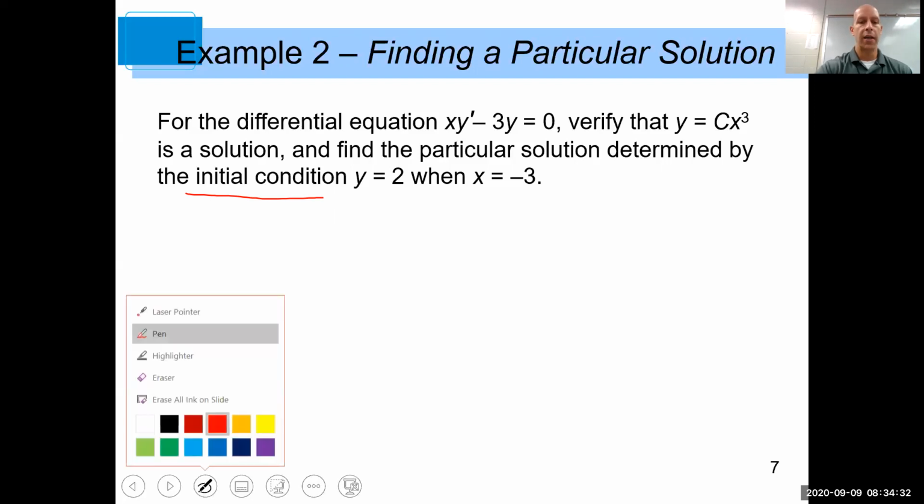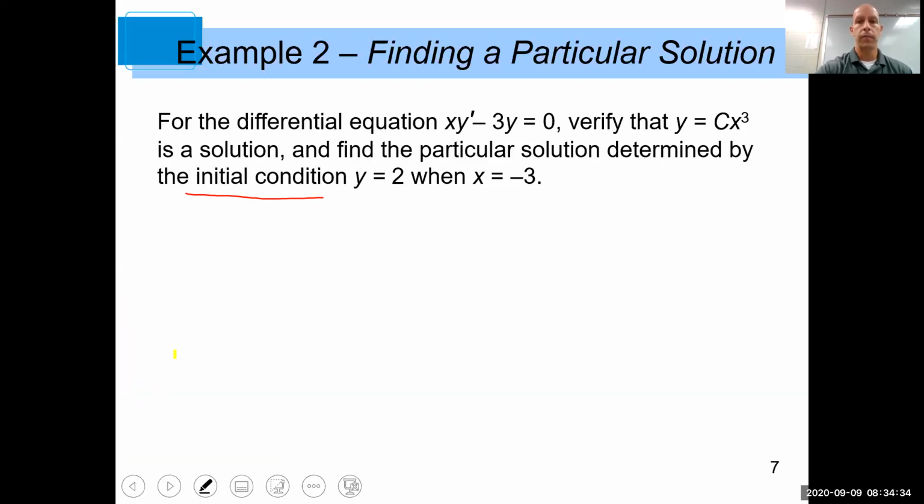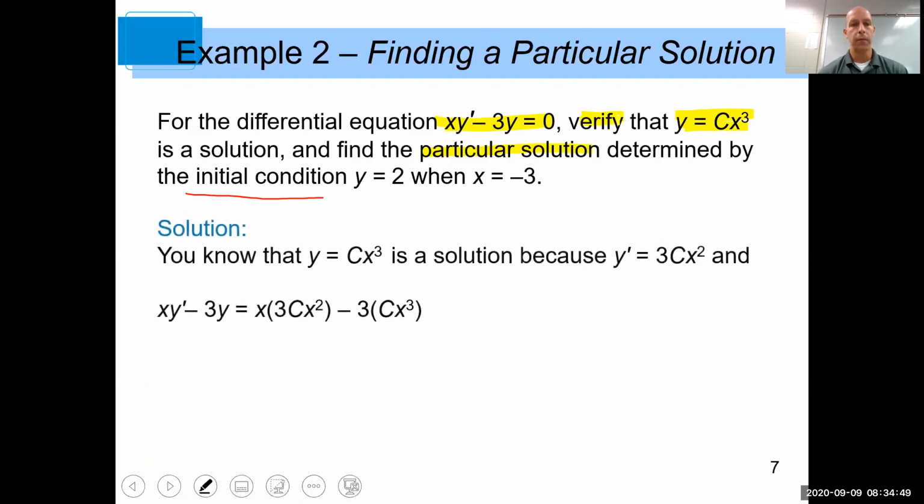So we've got a differential equation and its general solution. We're asked to find the particular solution, and we were also asked to verify that the general solution works. So let's go ahead and do that.